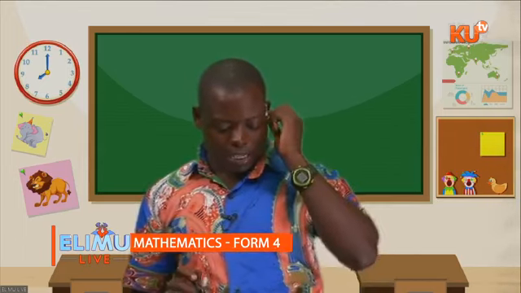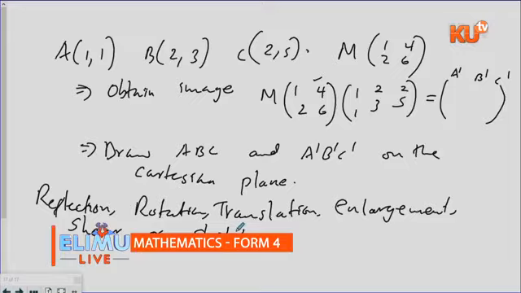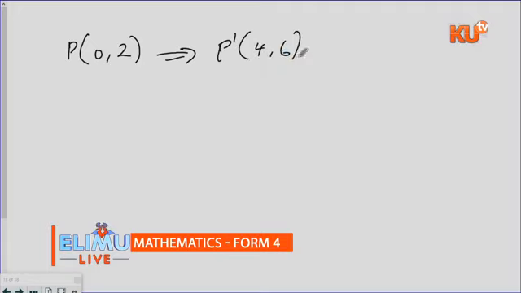So again, this is now a case of scale factor, that is enlargement, and we are told that the point P is 0,2. It gives us P prime, and P prime is 4,6, and the scale factor is 3.